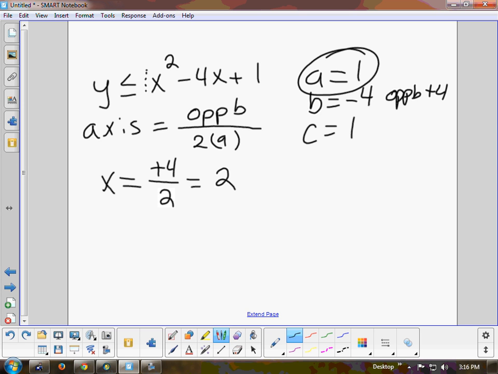Okay, first of all, let's look at a few things here. Is it solid or dotted? Solid line we're going to graph. Shade above or below the line? Below, because it's less than. It points down.